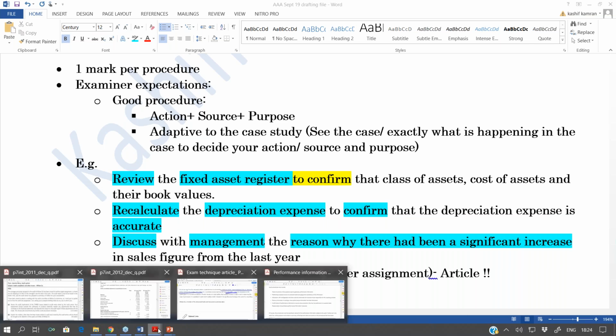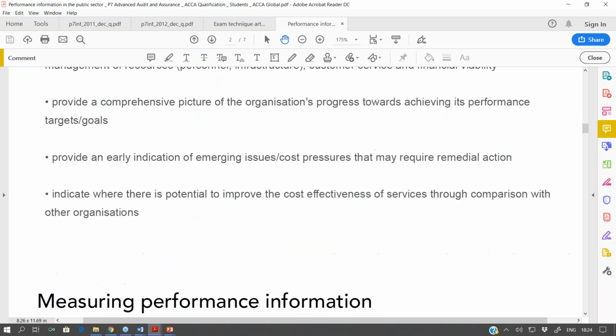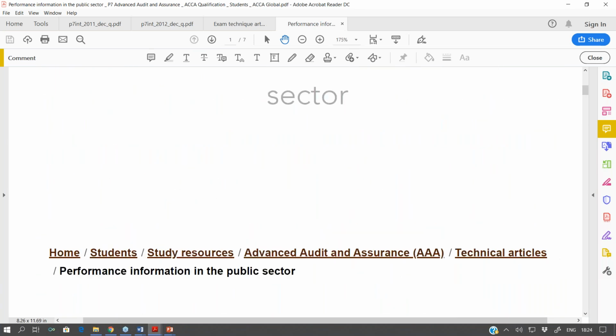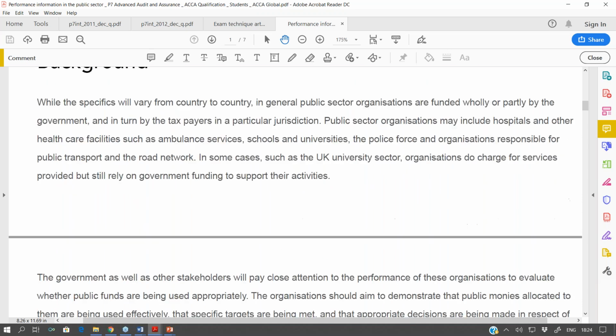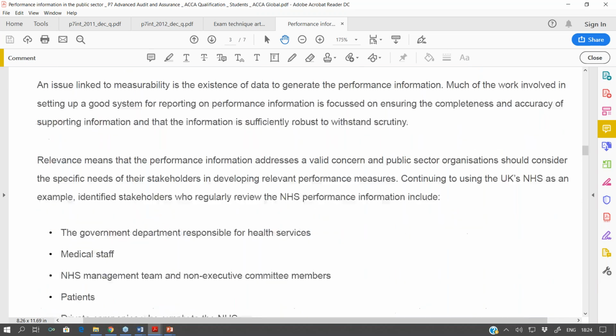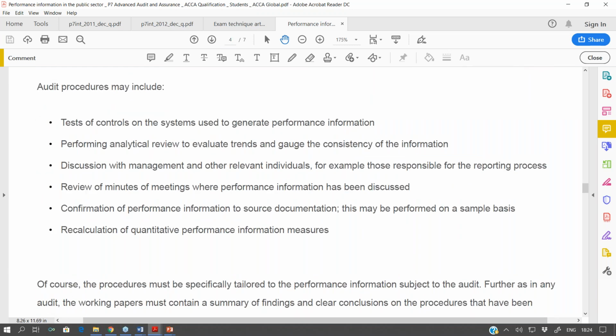This is the article I am referring to, which the examiner wrote on performance information in the public sector. We will be coming across this article on the 4th day of the webinar, but the reason for going through it today is that it contains procedures. If you go down this article, the examiner has written procedures for the particular topic. See this in front of your screen.